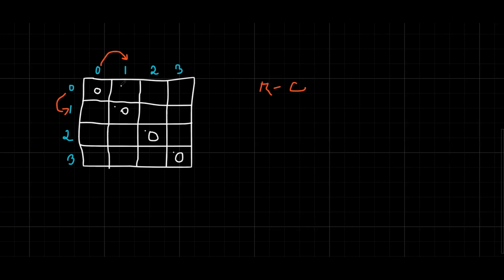Again, for this cell, row minus column is 0 minus 1, which is minus 1. For this, it is 1 minus 2, which is minus 1. For this, it is 2 minus 3, which is minus 1. Again, for this diagonal, the row minus column for this value is 0 minus 2, which is minus 2. And for this, it is 1 minus 3, which is minus 2.